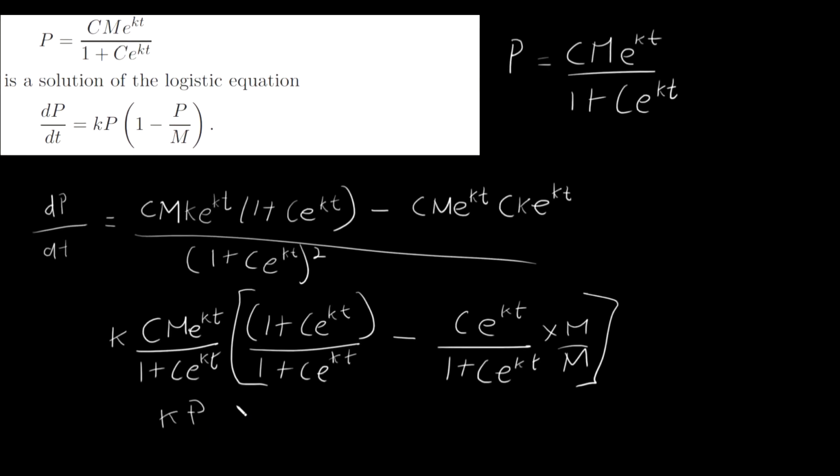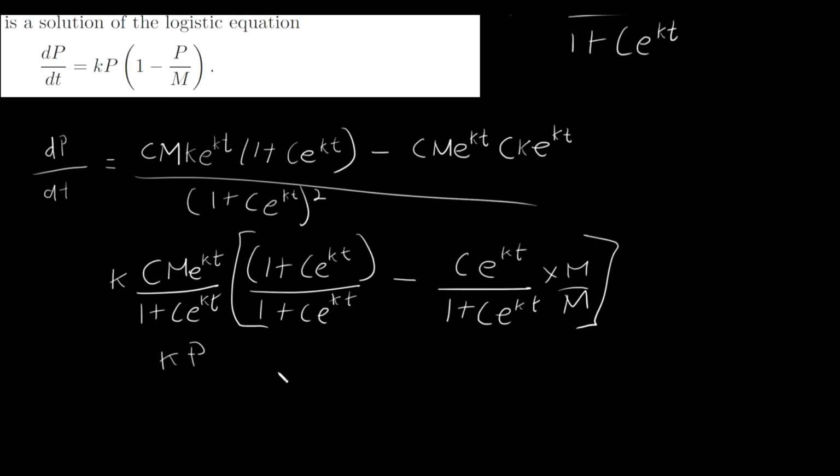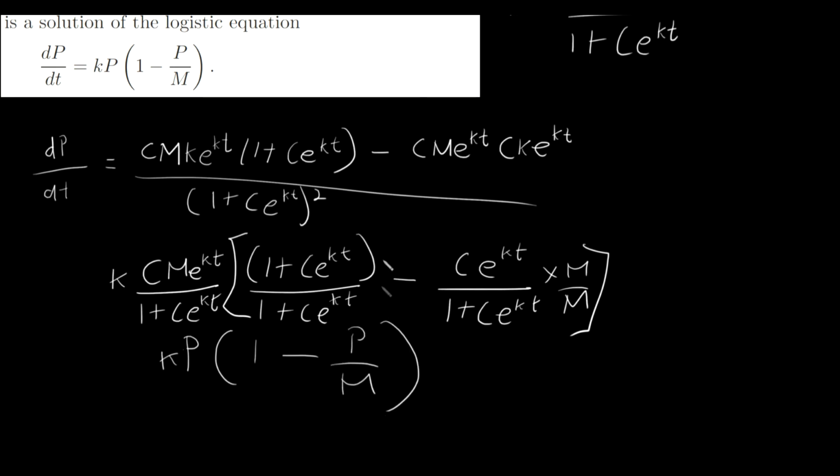I've noted that this is P. This is 1, so I can turn this into 1 minus, and if I put this M into here, this is P again, but I still have the M downstairs, P over M. And there we go, I've got it: kP(1 minus P over M). We've gotten back to the logistic equation.